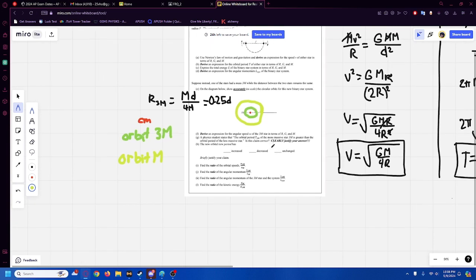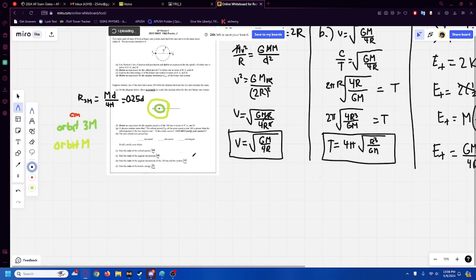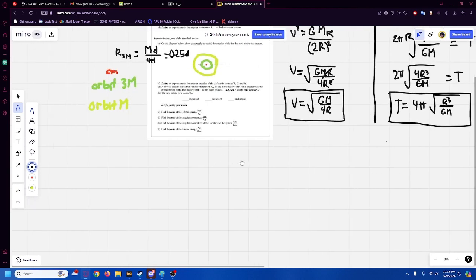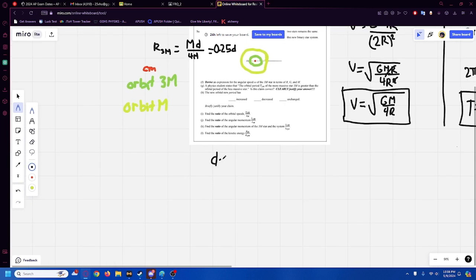Okay. So part F is asking for the angular speed of the 3m star. The distance from Rm would be d minus R3m, which is equal to d minus 0.25 d, which is equal to 0.75 d.